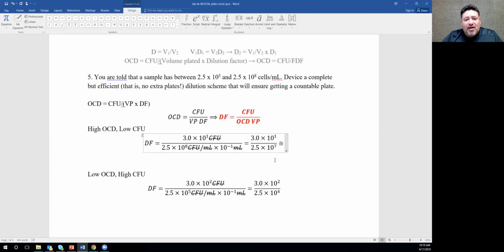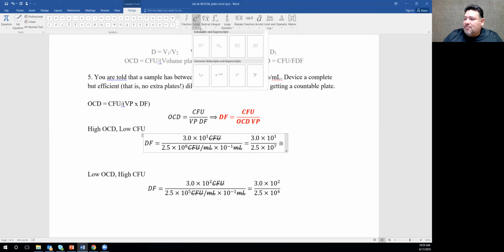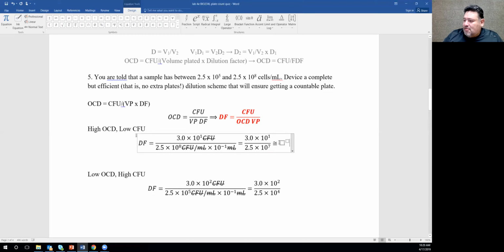But if you take the numerator and divide it by the denominator, and you get 5 or greater, then we say that that's close enough to 10 to push it to the next magnitude. And we would call that a 10 to the first. Okay? So here we have 3 divided by 2.5. That's 1.2. That's very close to 10 to the 0, so we're not going to worry about it. And so here, this is going to be 10 to the 1 minus 7, which is going to be a minus 6.